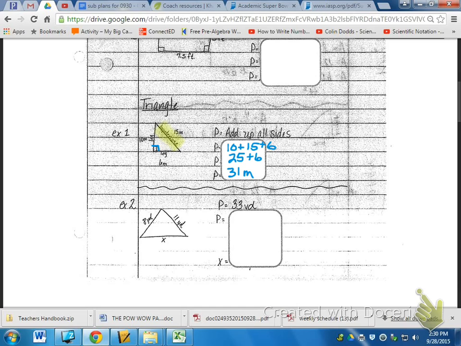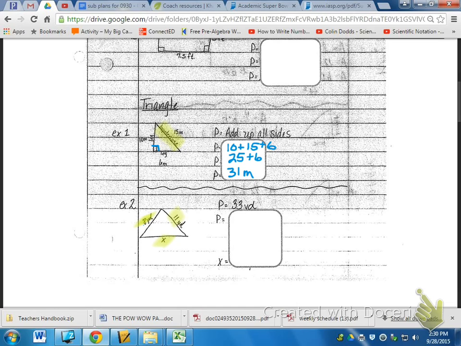This one, example 2 on the triangles, we already know the perimeter. The perimeter is 33 yards. And we also know that this side is 8 yards. This side is 11 yards, but this one is x. We don't know it, and that's what we have to solve for. So we're going to set up an equation for this one.